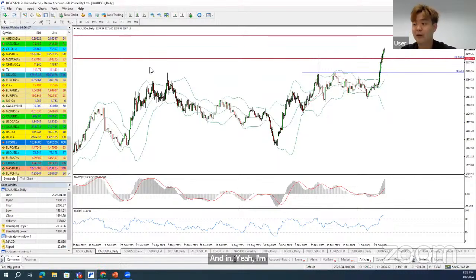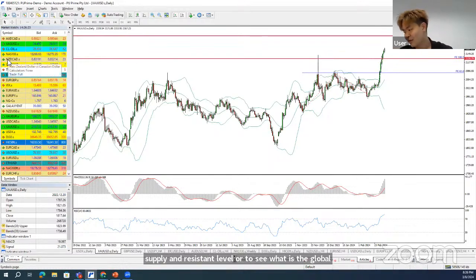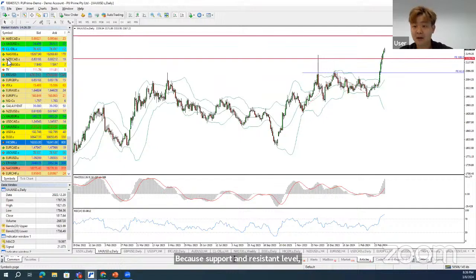What you can do is focus on the support and resistance levels, to see what global investors are thinking about. Because a support and resistance level is not just a line, it's an understanding of what global investors are thinking. For example, gold doesn't have any intrinsic value. It's mostly imagination for its value, market perceptions.